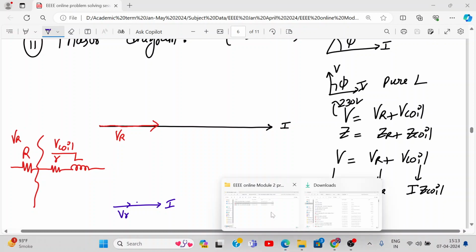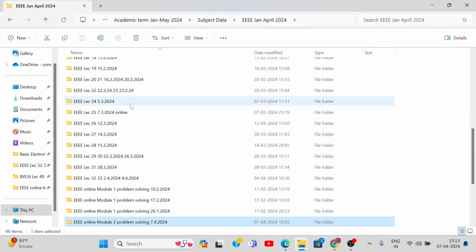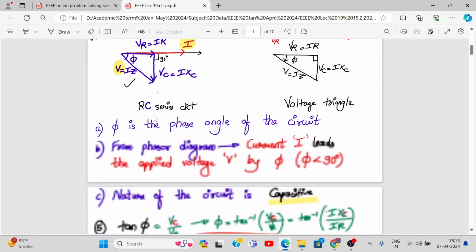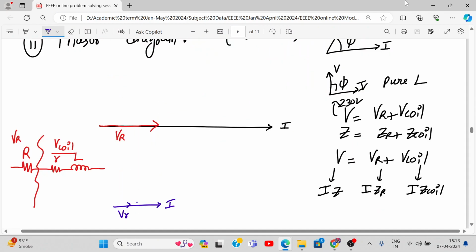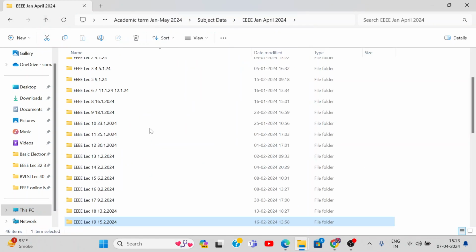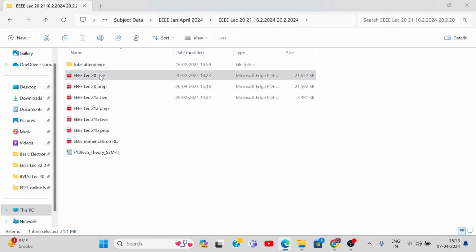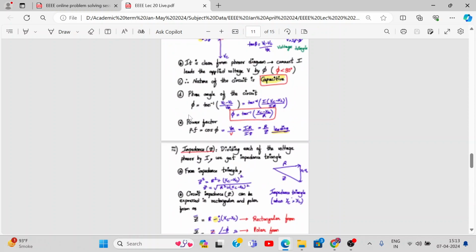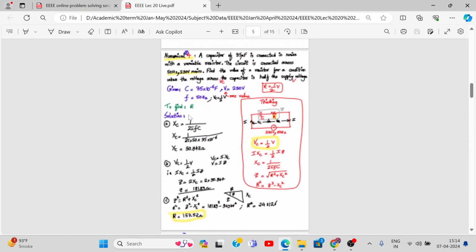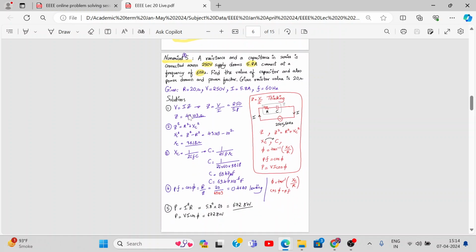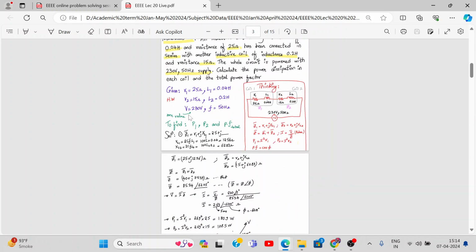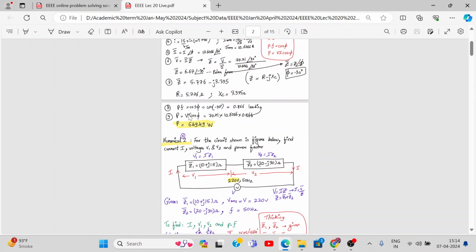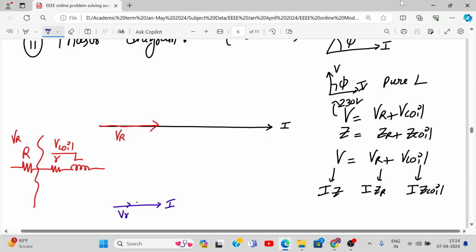I'll show you one example. Let me show you an example of a vector sum, if it is there here. This is an RC series, not an RL. I want RL. I'll show you one example where I have taken a similar kind of numerical. Let me see if the numerical is there or not.